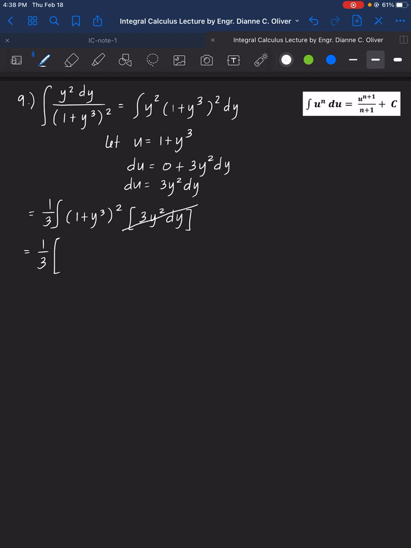Then using the pattern, again, this is the u, 1 plus y raised to 3, the exponent plus 1 all over 2 plus 1 plus c, because the integral sign has been removed. So that is equal to 1/3 times (1 plus y raised to 3), oh, this is negative 2.